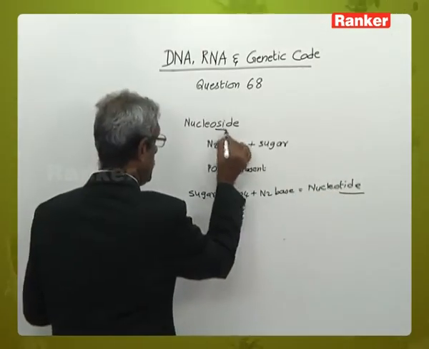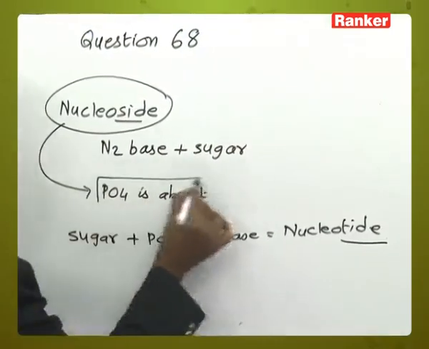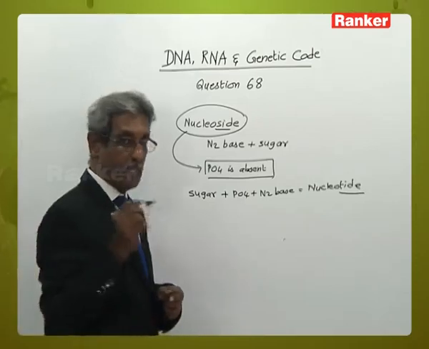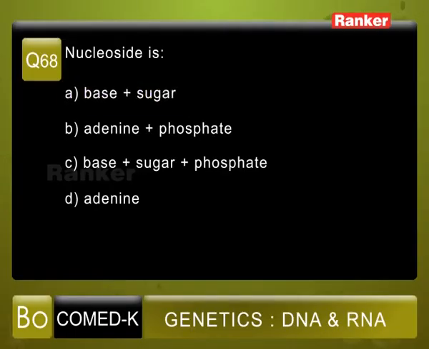So in a nucleoside, the most important feature is that the phosphate is absent. Hence the choice of base plus sugar, that is, answer A.